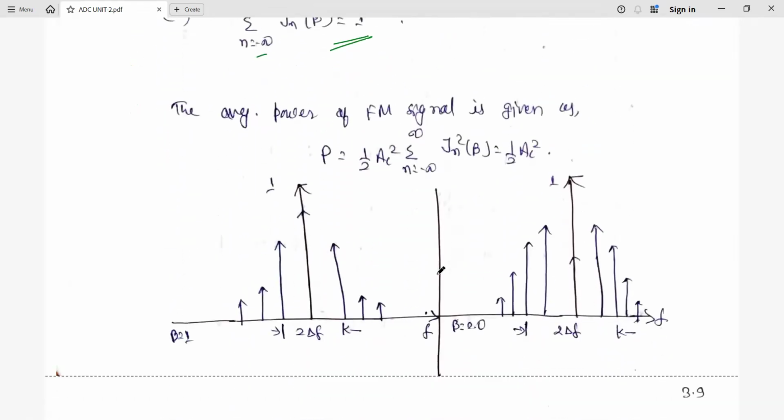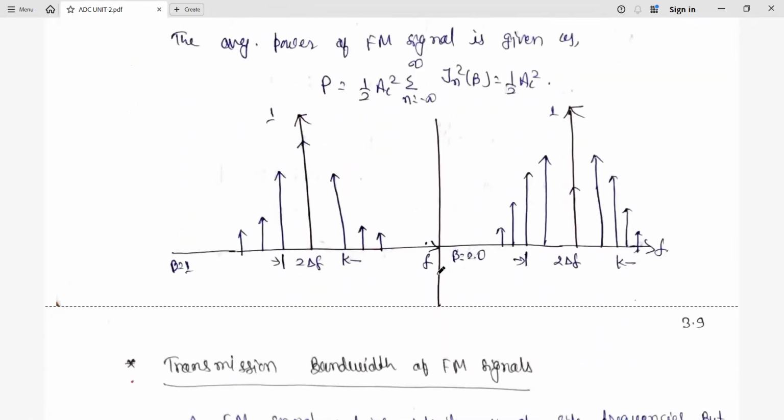So just now you see that we have the calculation of the average power in the FM signal. That is half Ac squared times the summation of this, and this value is going to become equal to 1. So this is Ac squared by 2, which is the same as the power of the carrier signal. Here, delta f is the frequency deviation for beta value 1, and here beta value is 2.